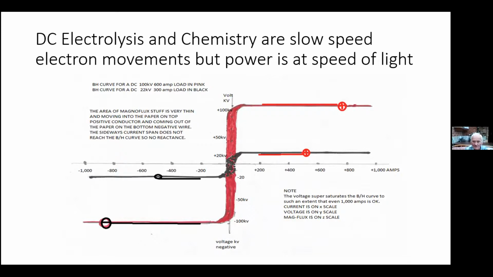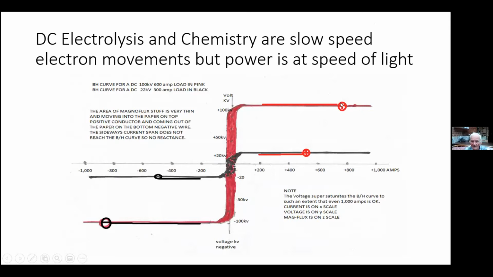Now what you will notice is that where you get very high currents, I don't know if you can see where I'm pointing here, but if you were running at 800 amps on this 132 or 100 kV line, and you put a load of, say, 600 amps on it, then it would come back to here.